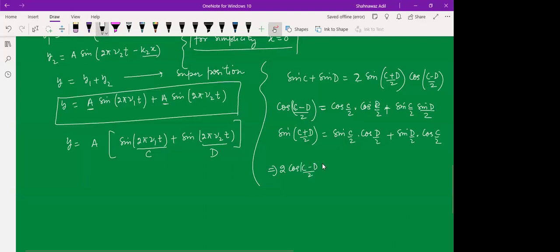I know you are correct, but we are just checking what that would be. So this is sin (C+D)/2, right?